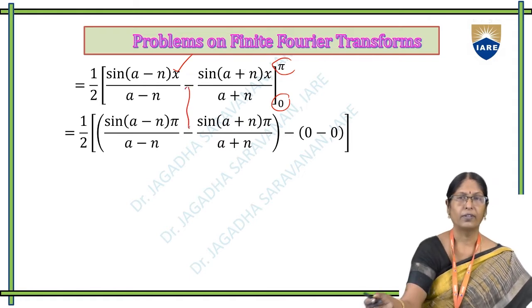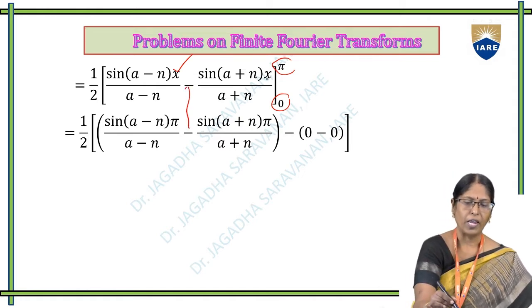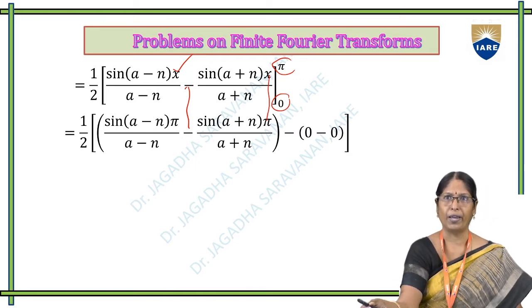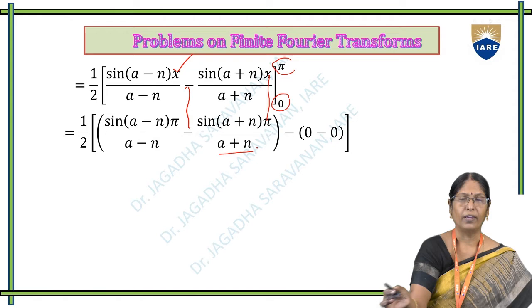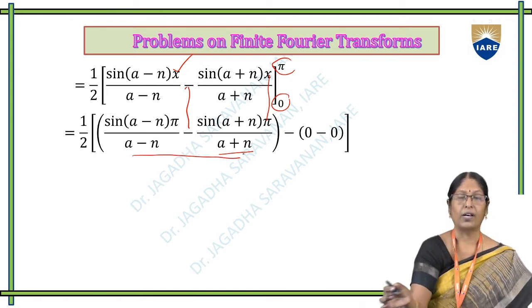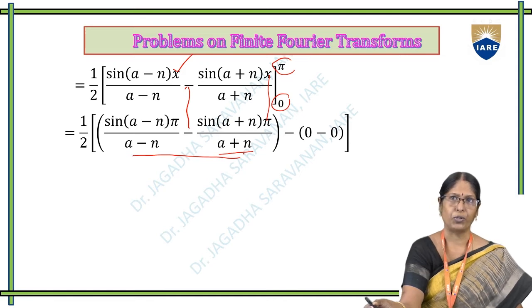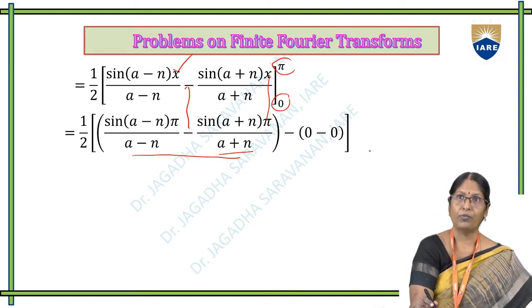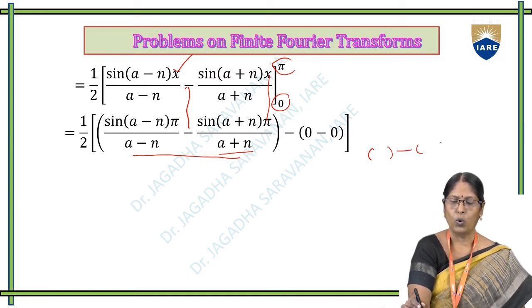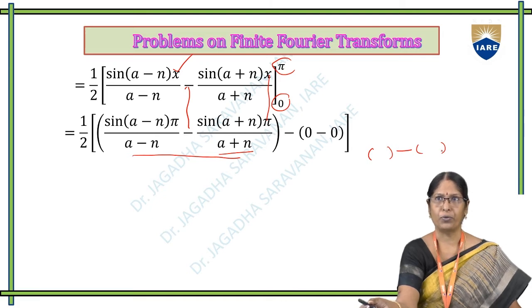Here, minus sin of (a plus n)x, x is replaced by pi divided by (a plus n). So we completed the upper limit substitution. The limit formula is upper limit value minus lower limit value substitution.